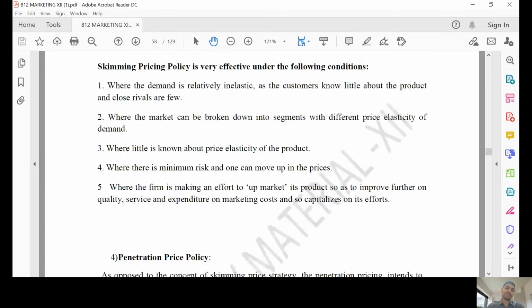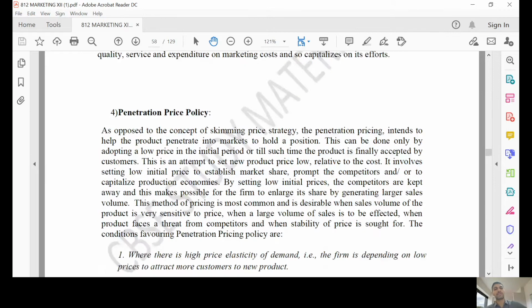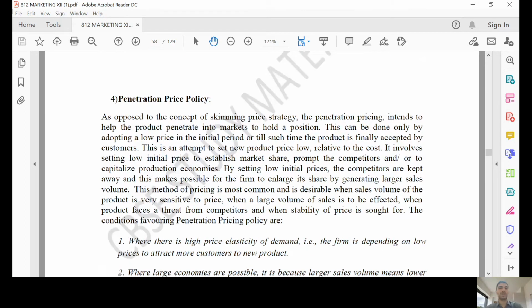The next type of demand-oriented pricing is the penetration pricing policy, which is the opposite of the skimming pricing policy. Under penetration pricing, the product is sold at a lower price initially, then gradually the price is increased. Initially the product is sold at a lower price in order to increase market share. If the price is low, everybody will buy.